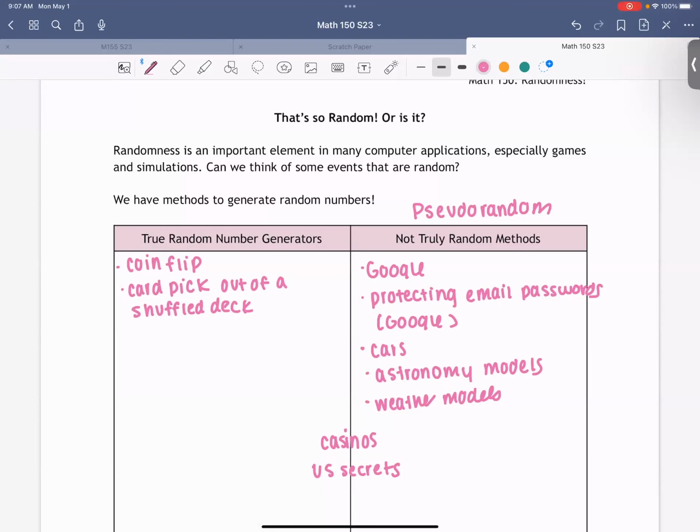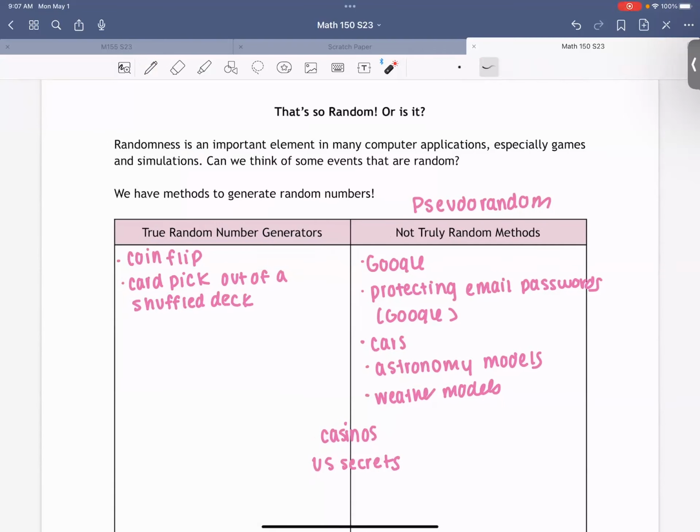So what we started out with is, well, I told you that there were some things that generate random numbers that are actually truly random, like flipping a fair coin, or picking a card out of a thoroughly shuffled deck. Those things are truly random. And then there are other things that are pseudo-random because they're not true random numbers.